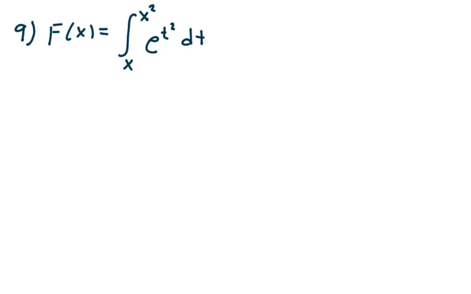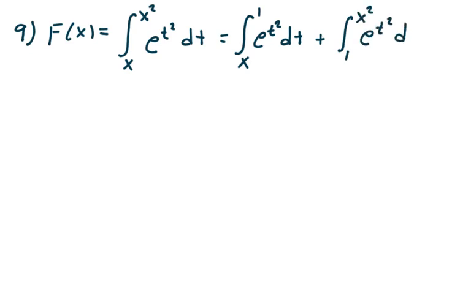Now, what I'm going to do is break this integral up, and I'm just going to choose an arbitrary number, let's say 1. So this is the integral from x to 1 of e to the t squared dt plus the integral from 1 to x squared of e to the t squared dt.